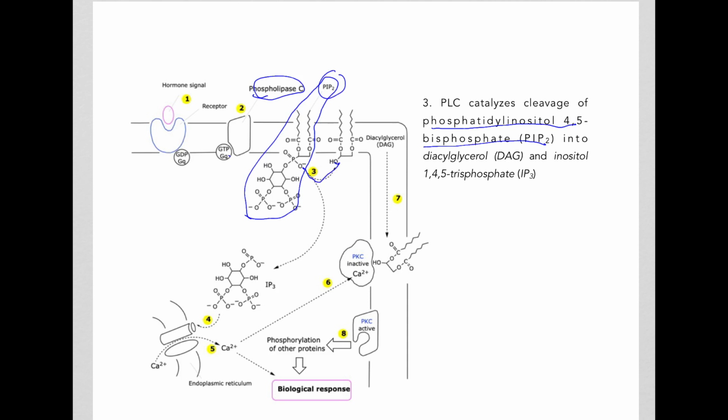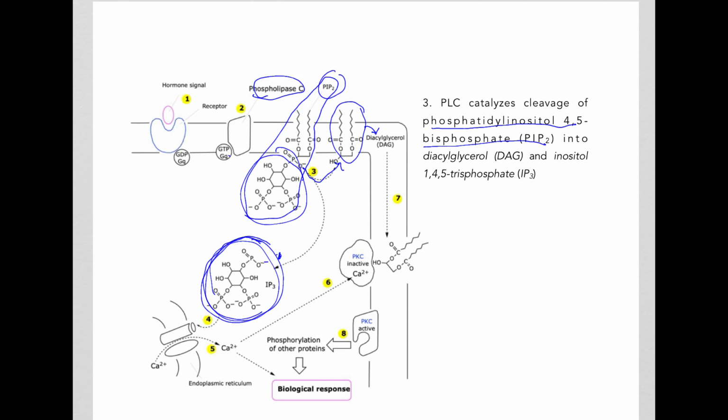It will form this part here, which is diacylglycerol, that is hydrophobic and that stays in the membrane. And the second part is this part here, which is IP3, or inositol 1,4-triphosphate. Now, since there are so many phosphates here, remember phosphates are negatively charged, this part is very water soluble, so this goes into the cytoplasm.